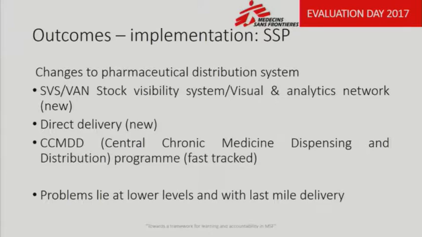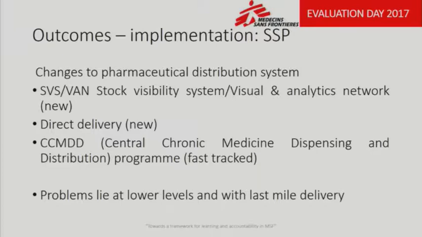Firstly, the government had no idea what was actually happening on the ground, so following the first annual survey they implemented what they call a stock visibility system and a visual analytics network, which captured information from all the clinics and hospitals in the country using an app or an online system, and then linked that to production data from the pharmaceutical companies to get a picture of what was going on.